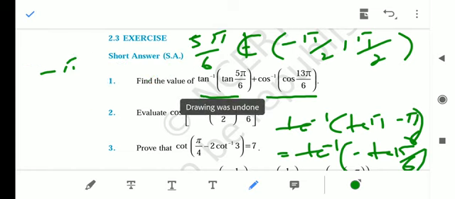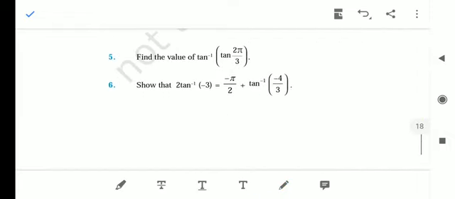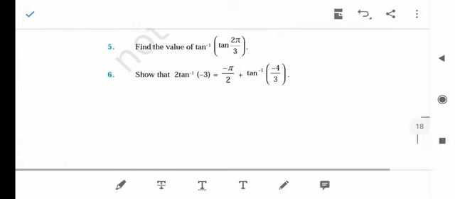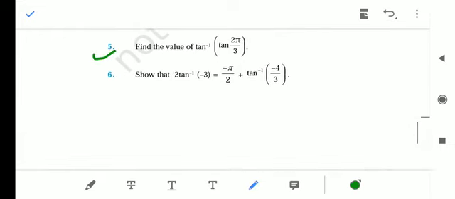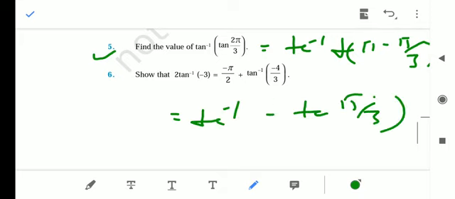Now look at one more question. Look at tan inverse tan 2 pi by 3. Look at question number 5. So again 2 pi by 3 doesn't belong to the -pi by 2 to +pi by 2 open interval, so this can be written as tan inverse tan of pi minus pi by 3, and this can be written as tan inverse of -tan pi by 3, because you know pi minus theta belongs to the second quadrant, and in the second quadrant tan is negative, so a minus sign will be there.